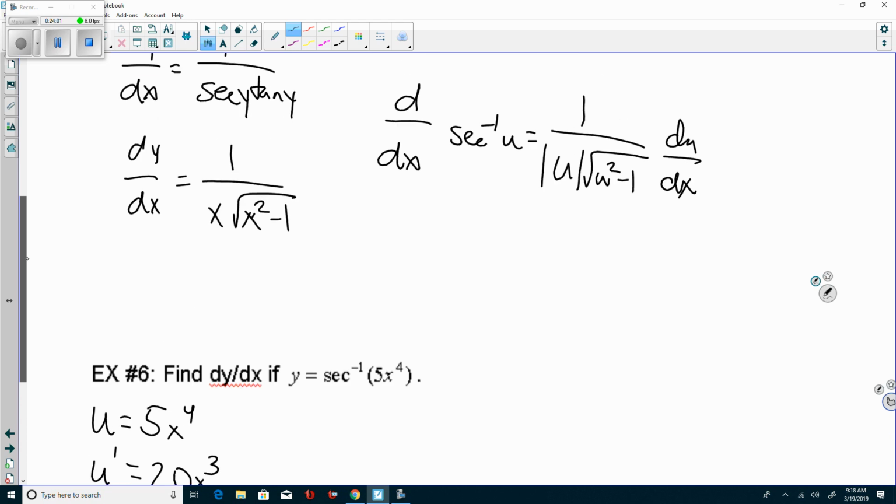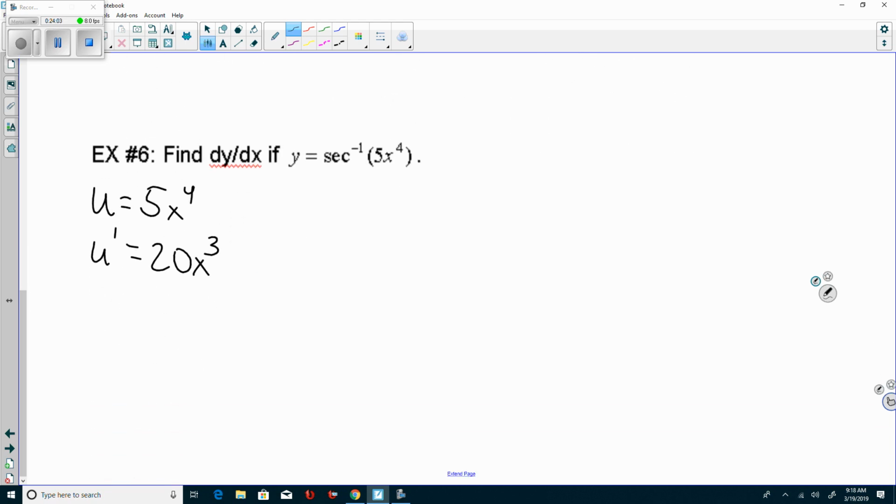So based on the formula, you have 1 over the absolute value of 5x to the 4th, and then the square root of 5x to the 4th squared minus 1, times 20x cubed. That's the derivative.